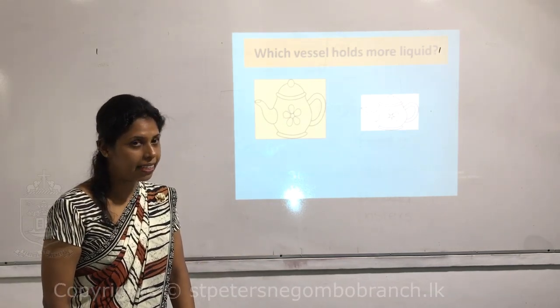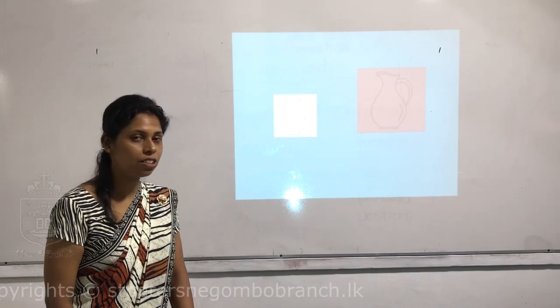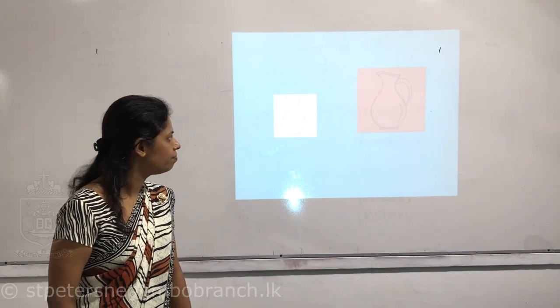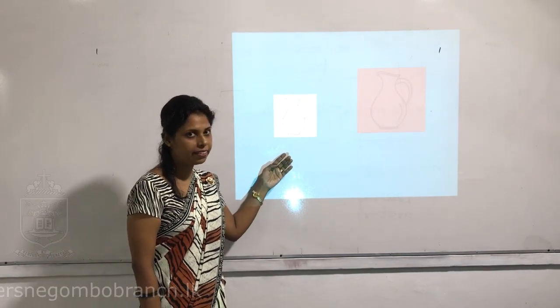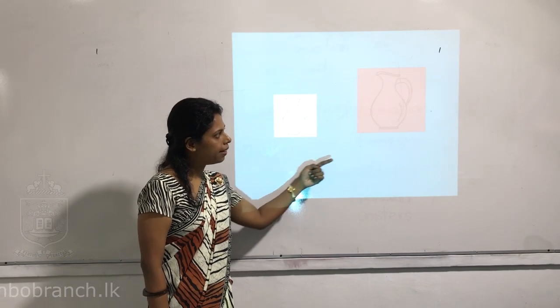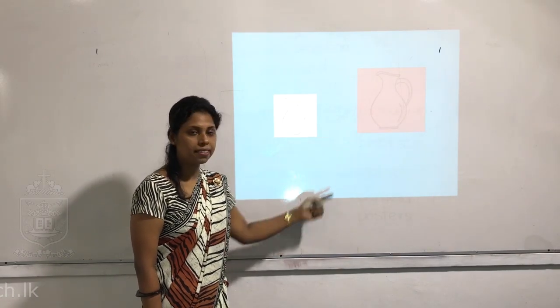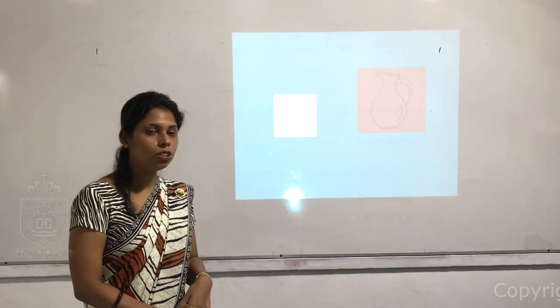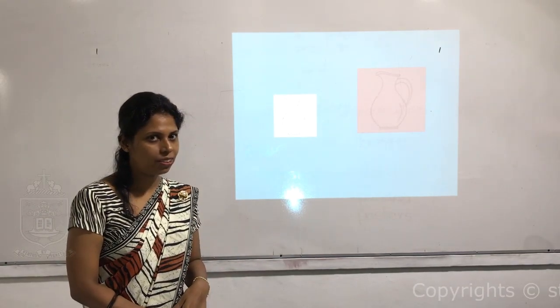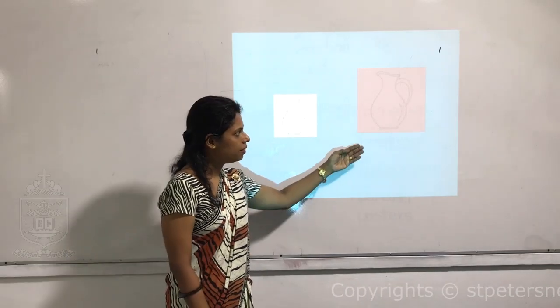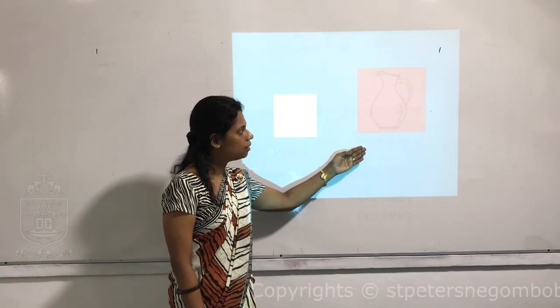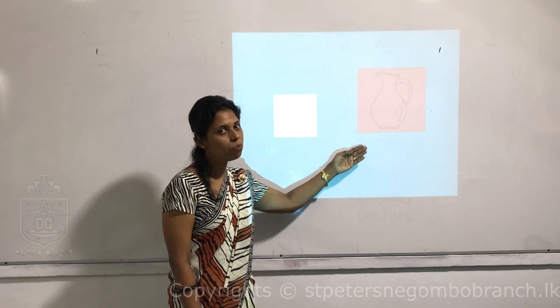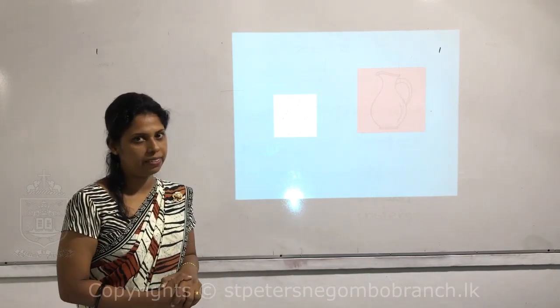We look at another example. Look at these two jugs. This one is small and that jug is big. So, according to these two jugs, you can say this big jug holds more water, more liquid.